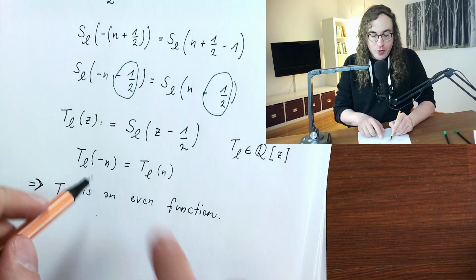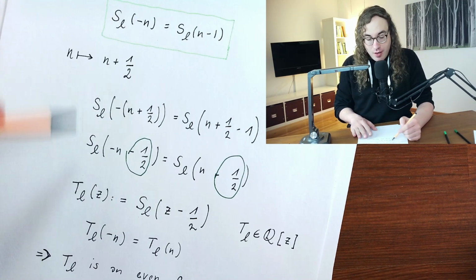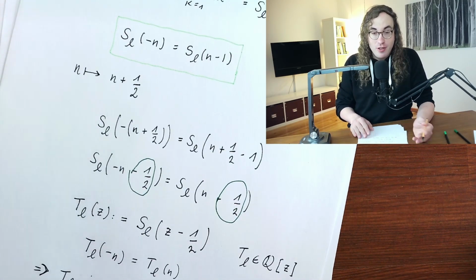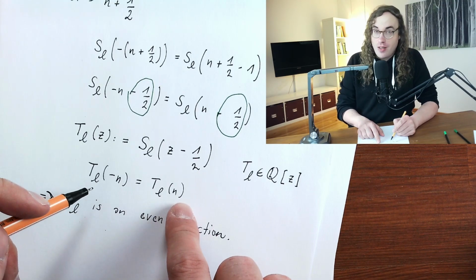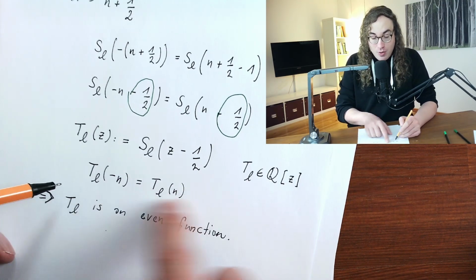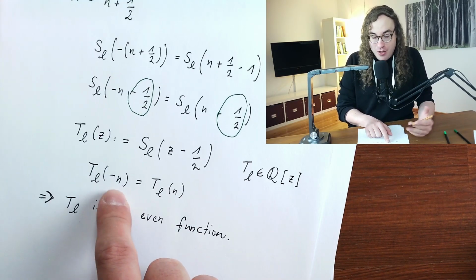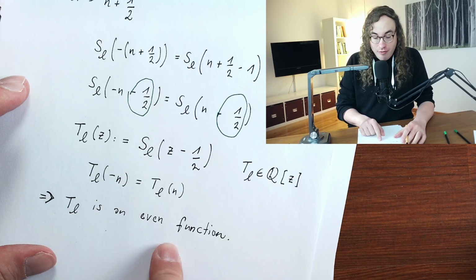Remember again, so strictly speaking, I only have this identity up here from the beginning. I had this only for integers, but because all of these are polynomials, I know that an identity which holds for infinitely many values must hold for all values. So this really holds for any n being a rational number or even a complex number. So therefore, this means that TL is an even function.